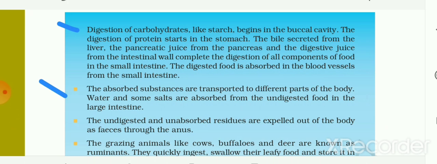Then we saw that the absorbed substances are transported to the different parts of the body. Water and some salts are also absorbed from the undigested food in the large intestine. The undigested and unabsorbed residues are expelled out of the body as feces through the anus.